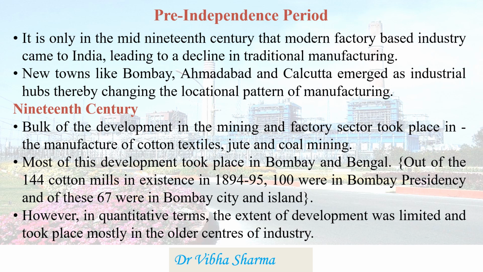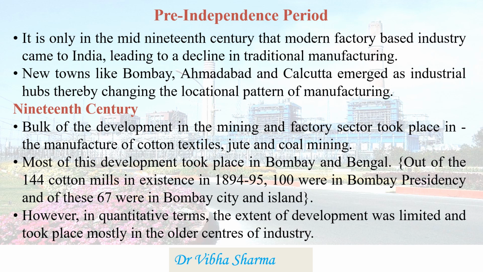19th century. Bulk of the development in the mining and factory sector took place in the manufacture of cotton textiles, jute and coal mining. Most of this development took place in Bombay and Bengal.